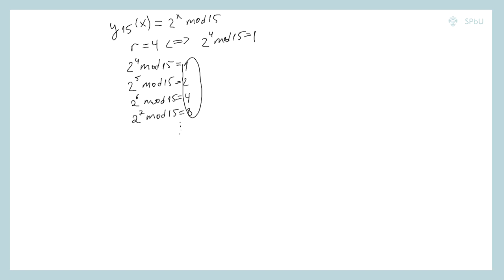So let's assume that we already found an order r of the function y_m of x, and a to the power of r minus 1, the remainder of dividing a to the power of r minus 1 by m is 0.